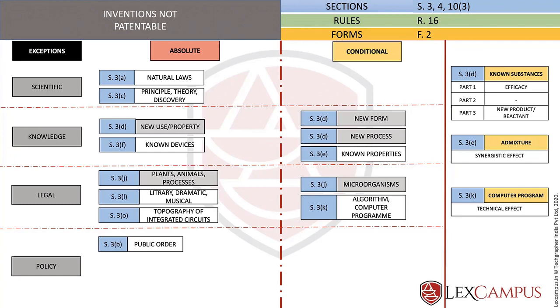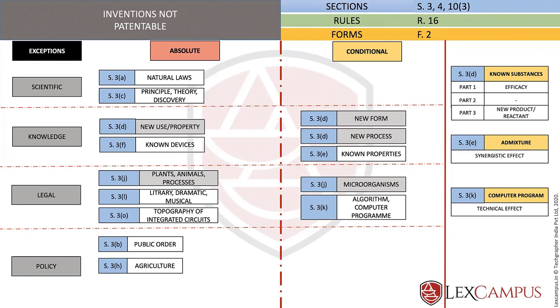If the country or the community at large finds something to be immoral, that can be excluded, and it keeps changing, as we know. Or which causes serious prejudice to human, animal or plant life, or health, or to the environment. It's a very broad exception, and you will find the wording has been taken from the TRIPS agreement of the WTO. Similar provisions exist in the patent acts of other countries as well.